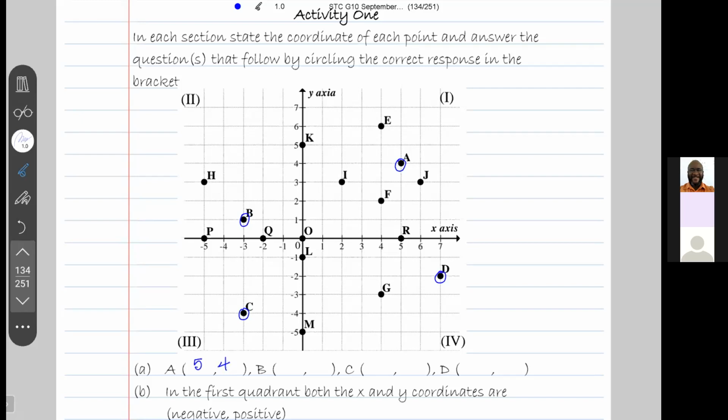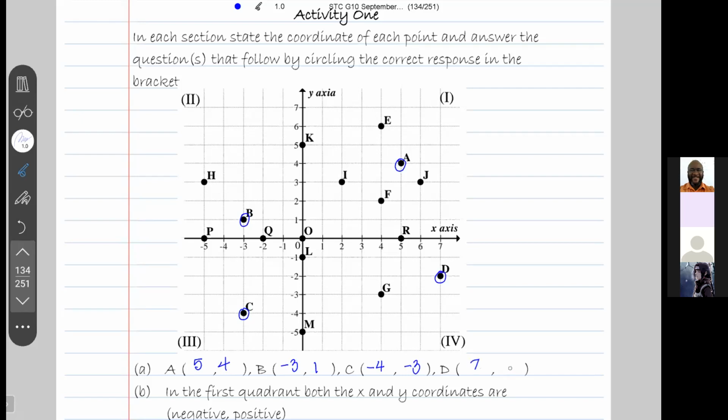Anaya, B, (-3, 1). Good. C, Jadon, (-4, -3). All right, Joanna, coordinate of D, (7, -2).